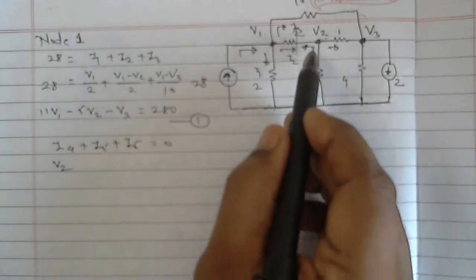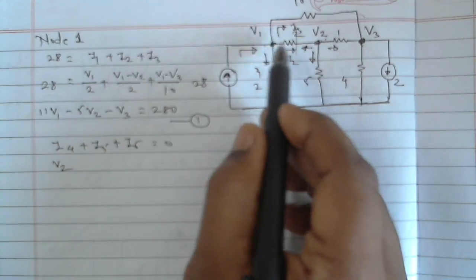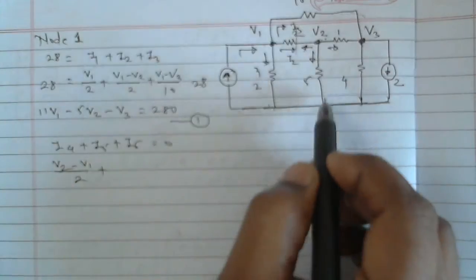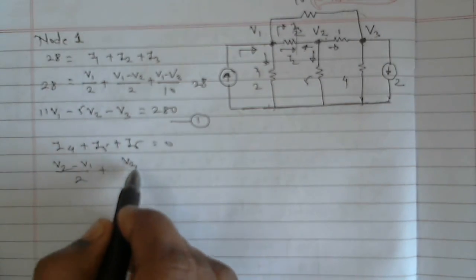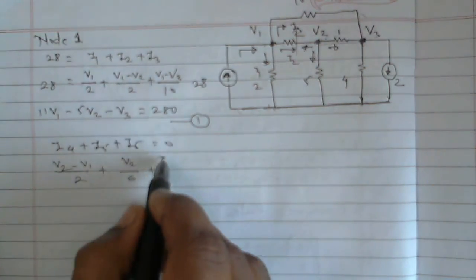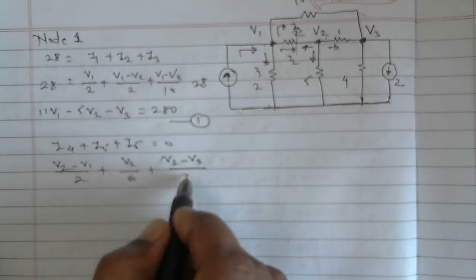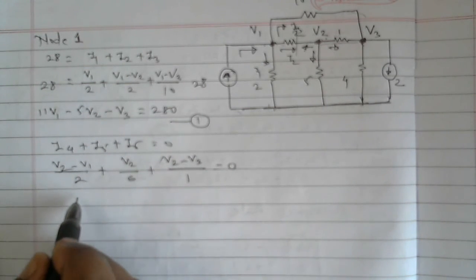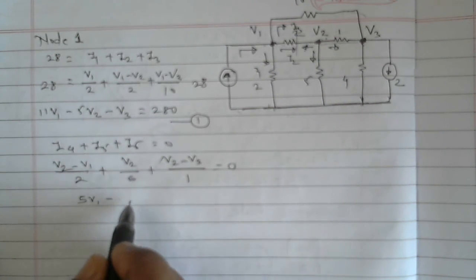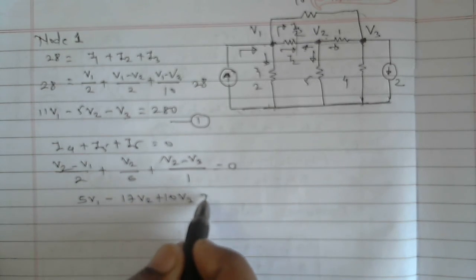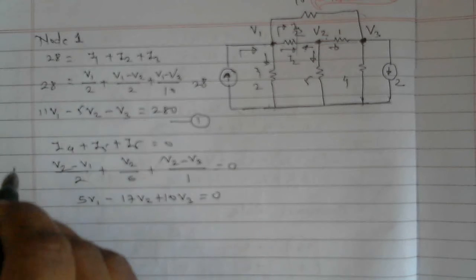I4 is V2 minus V1 by 2, plus this current is V2 by 5, and this current is V2 minus V3 by 1, equal to 0. So when you solve it, you will get 5V1 minus 17V2 plus 10V3 equal to 0.